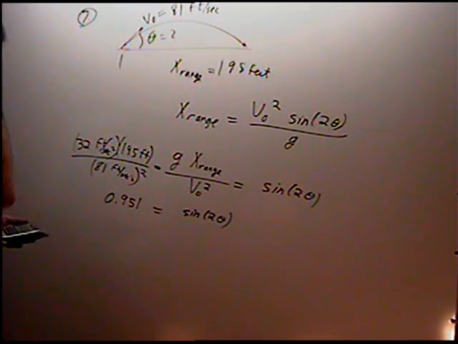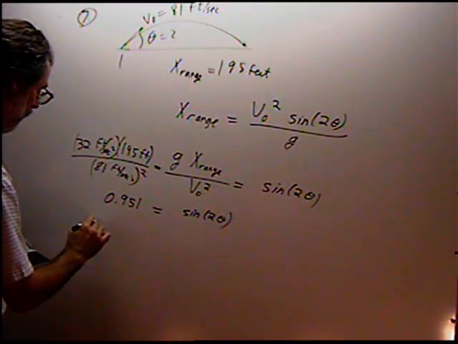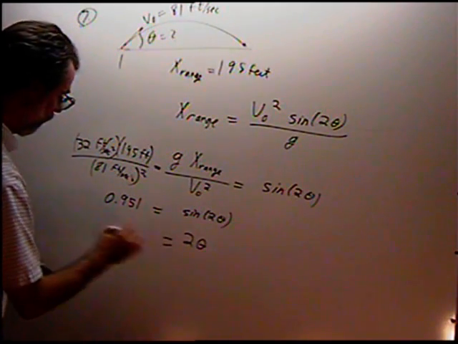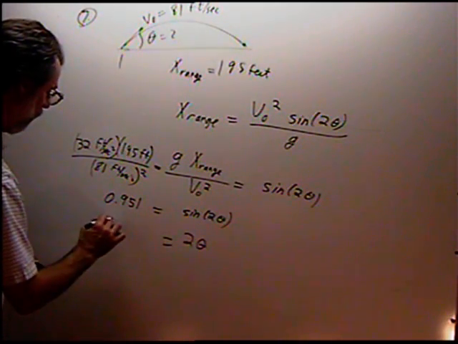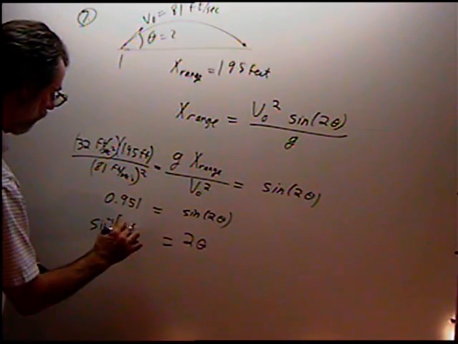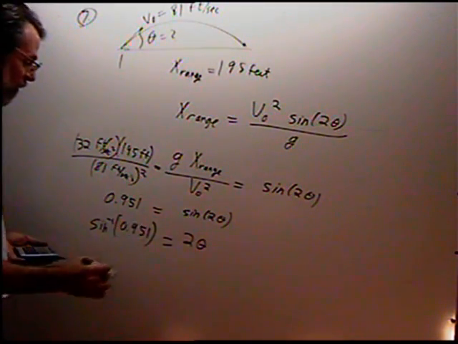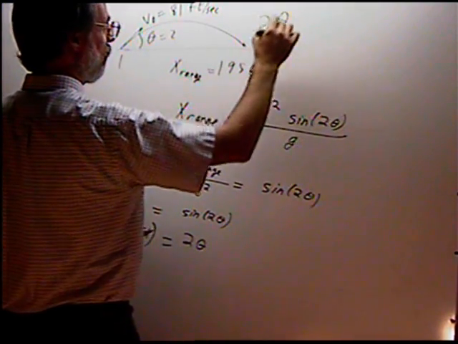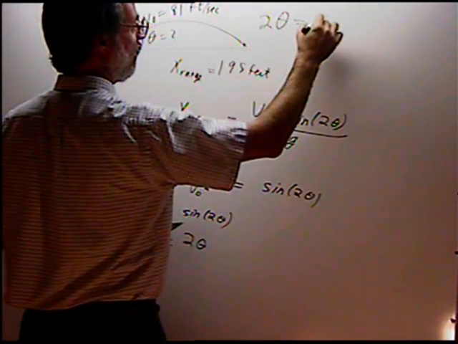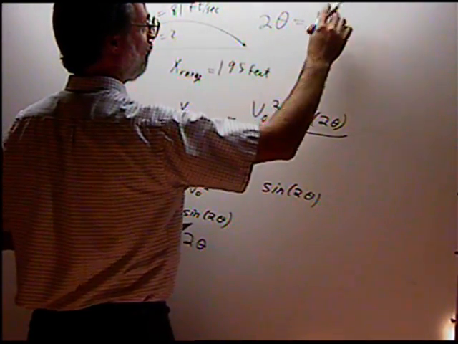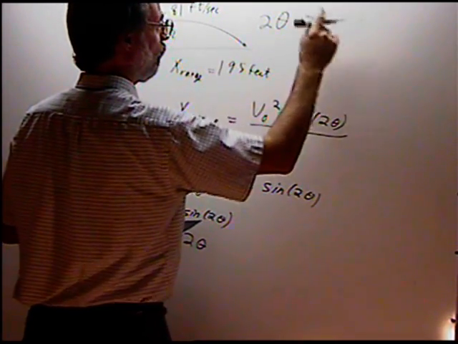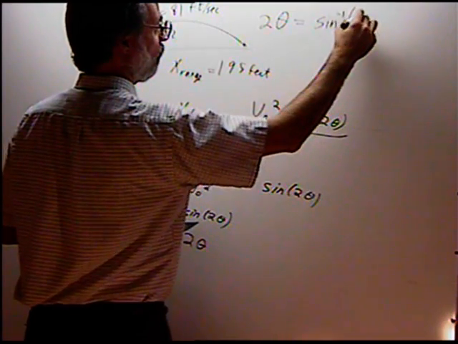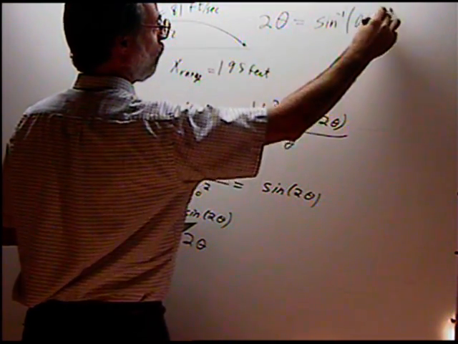So what do we do now? What we do is we take the inverse sine. Basically 2 theta is equal to the inverse sine of 0.951. So 2 theta equals the inverse sine of 0.951.